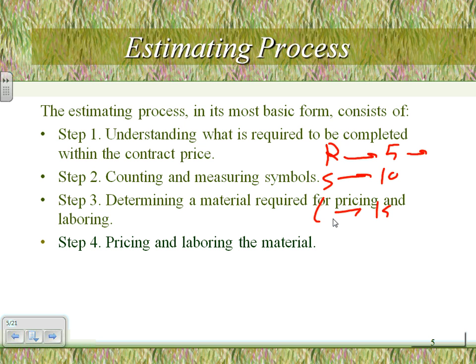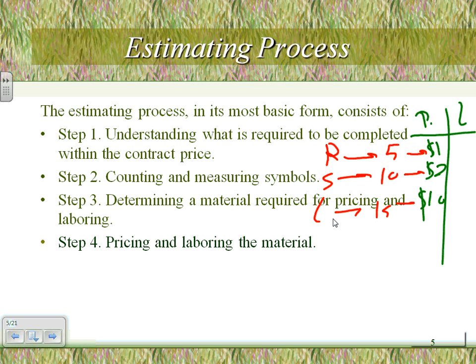Then I need to assign a price for them. So for this one, I need a receptacle. I'm going to assign $1, and this one another $2, and the lights $10 each. And that's the material price. Then labor.